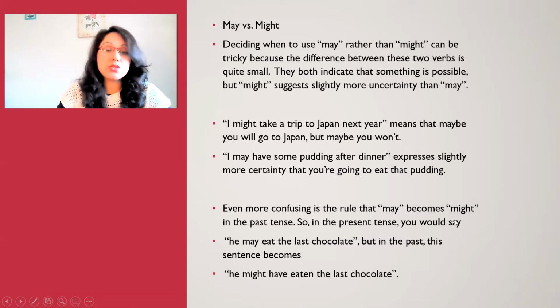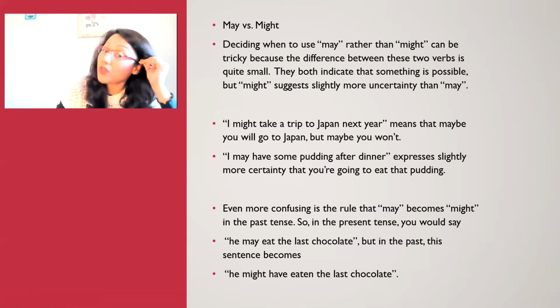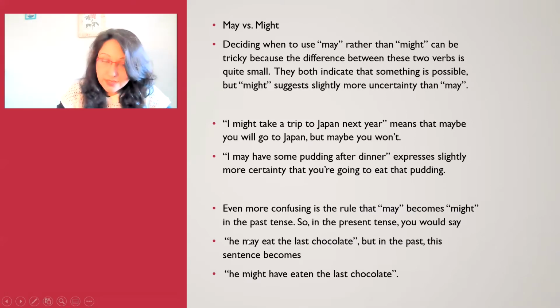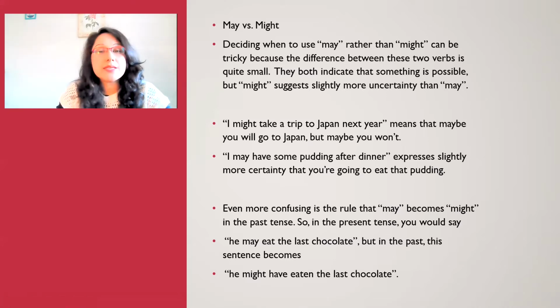So in the present, you would say he may eat the last chocolate. But in the past, this sentence would become he might have eaten the last chocolate. Always remember, may is the present, and if you have to think of the past for may, that is might. And might is a little more uncertain and may is slightly more certain.